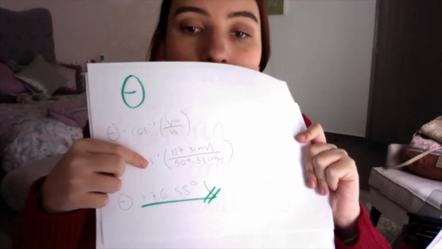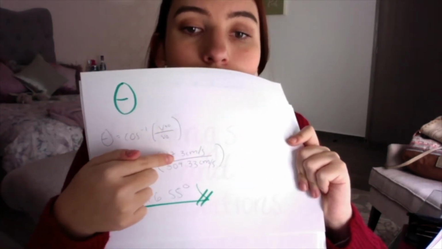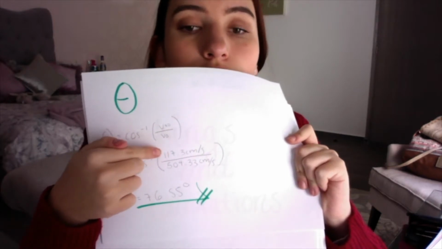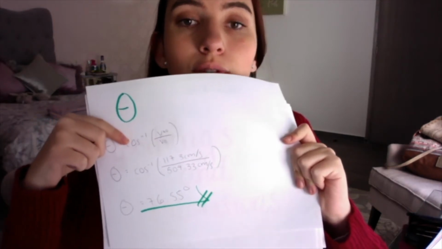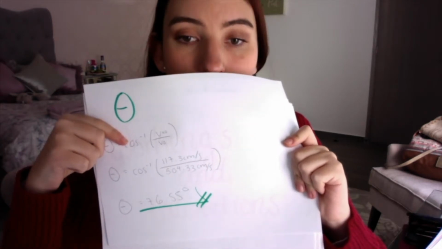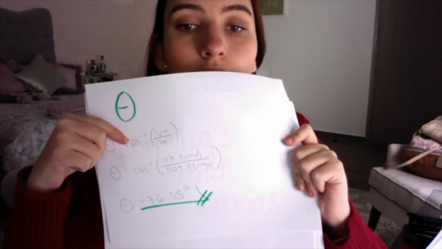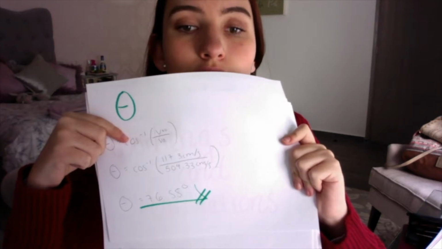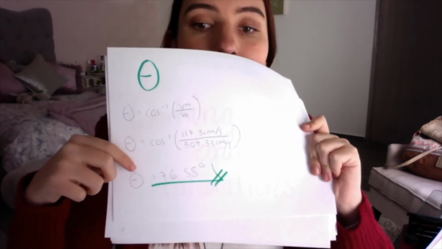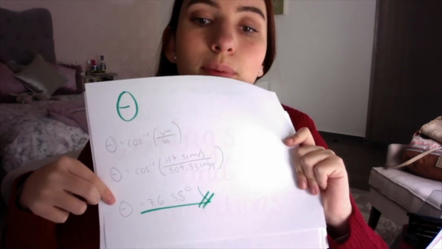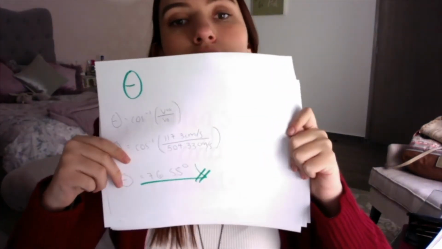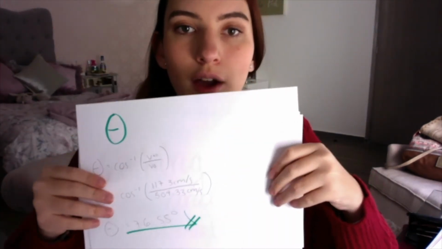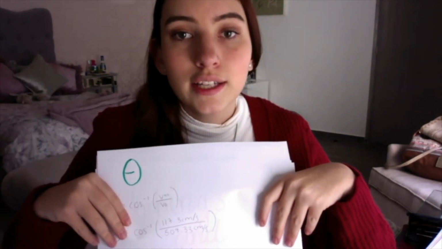So we put cos minus 1 of 117.3 over 504.33 centimeters over seconds, and we got that our beta was 76.55 degrees. And that's how we calculated everything.